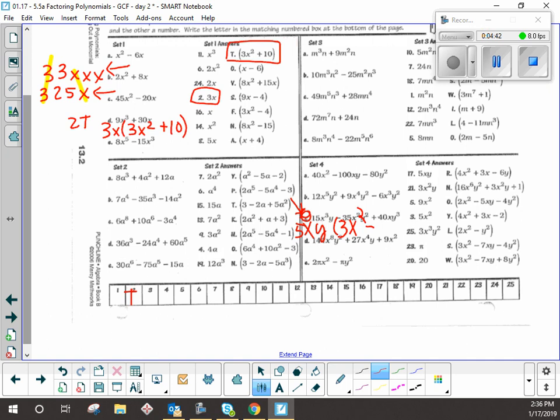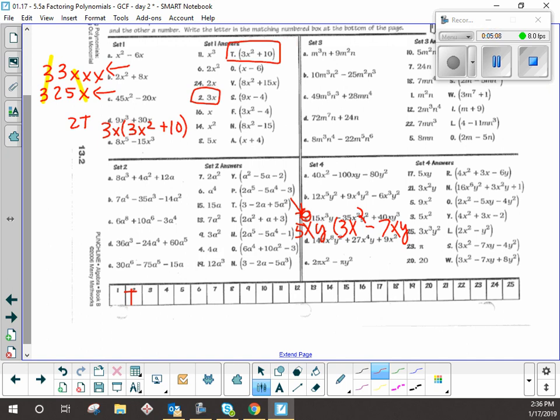And then I have 35x squared y squared. So 35, I divided 5 out with the GCF. That leaves me 7. That was x squared. I divided out 1 x. So how many x's are left? 1. And then y squared, I took out 1 y, so I'm left with 1 y.